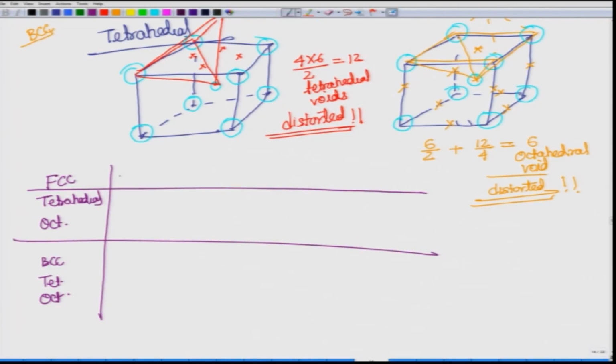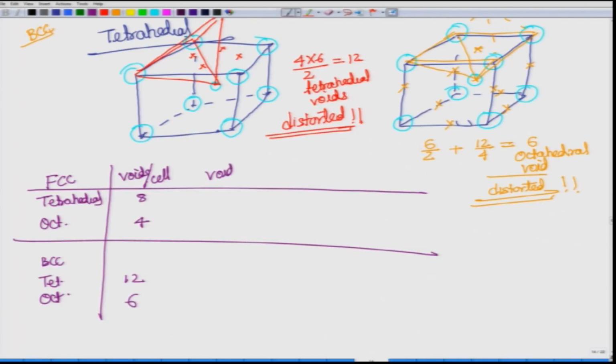So, how many voids per cell do we have? In FCC, 8 tetrahedral voids per unit cell and 4 octahedral voids per cell. In BCC we saw that we have 12 tetrahedral and 6 octahedral voids.